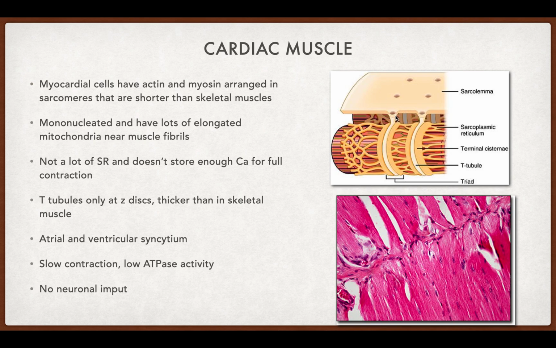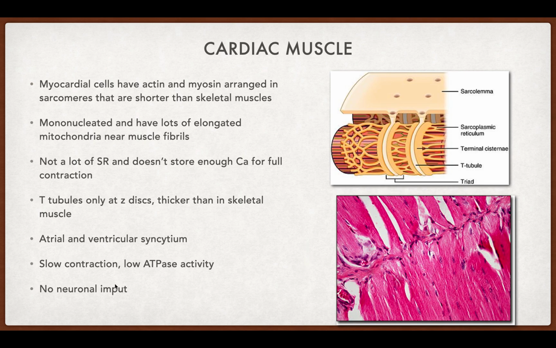These T-tubules are at the Z disc, and they are basically channels that invaginate into the cardiac muscle in order to provide calcium. And they're grouped in two major systems, the atrial and the ventricular syncytium.